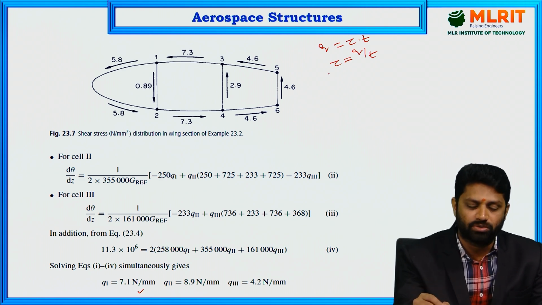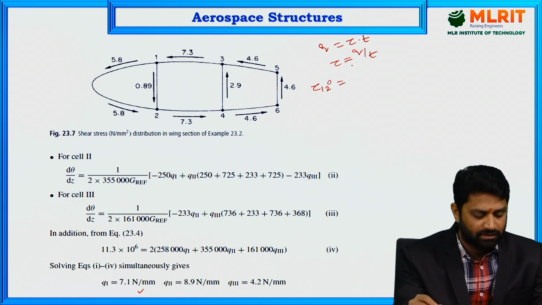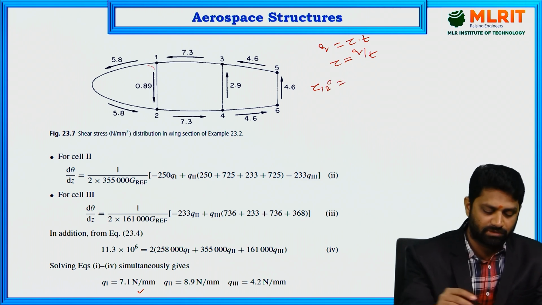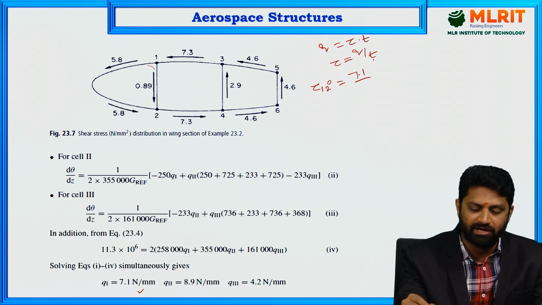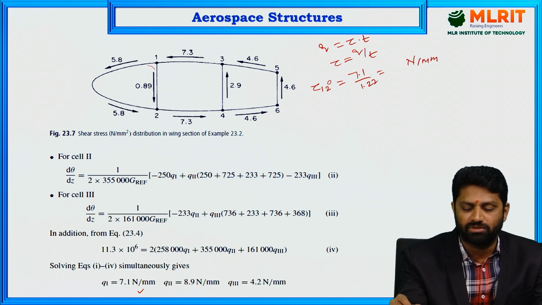If you want to calculate the shear stress for the outer wall, the shear flow in this wall is 7.1, divided by the thickness of the outer wall, which is 7.22. You can write this in terms of Newton per mm square.